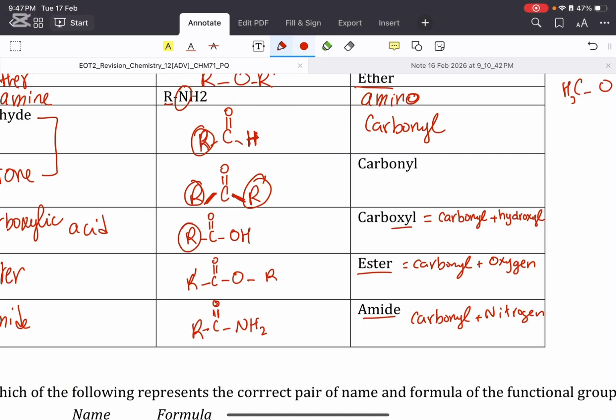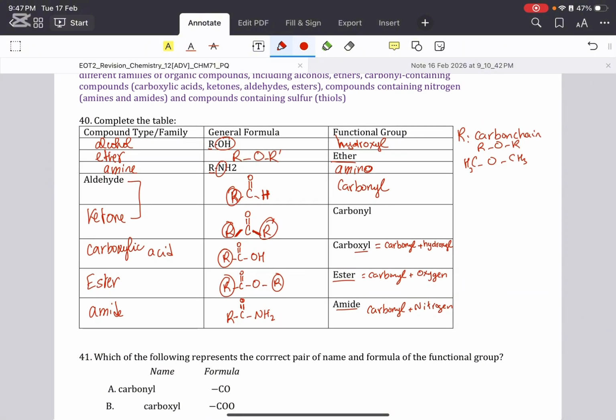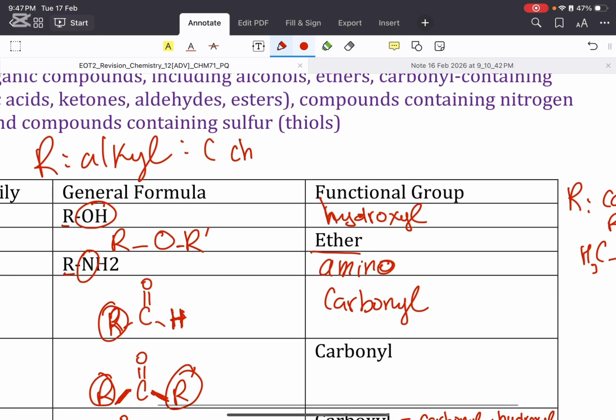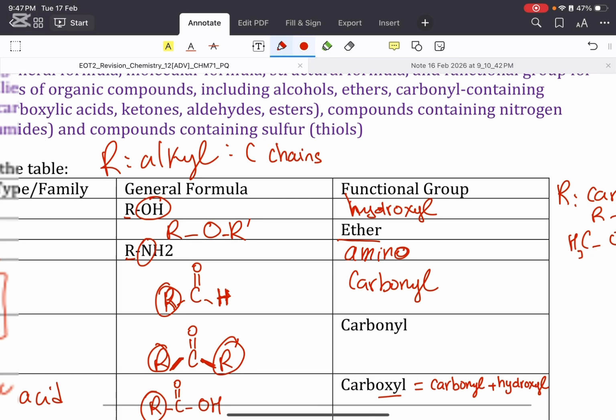Here I only have a chain of carbon from the left. Here I have on these sides carbon chains. It could be straight, it could be with branches, it could be a cyclic chain, a cyclic alkane. So R represents the alkyl group, which means carbon chains.